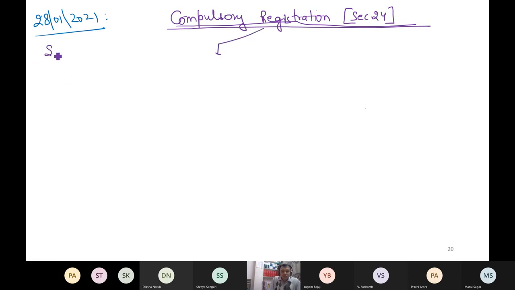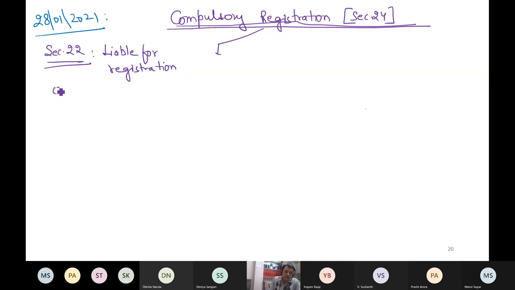If you remember section 22, it says persons liable for registration. So not by default. This is the difference, that in section 22 a person is not liable by default, but in 24 a person is liable by default.